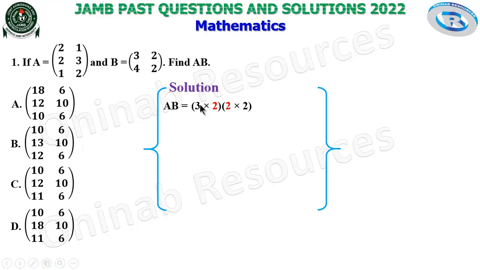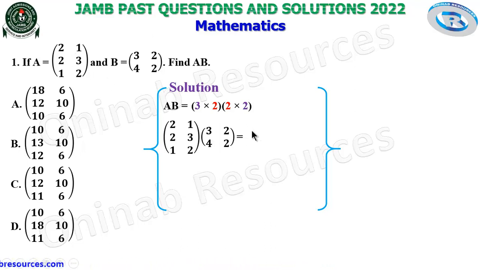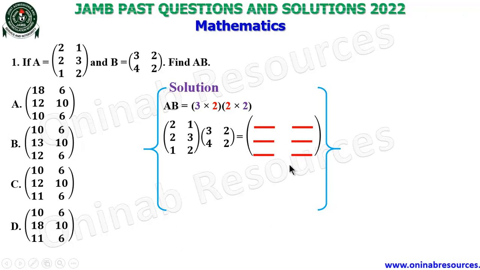So the resulting matrix is going to be 3 by 2, which is the same order as A. To carry out the multiplication, we bring in A multiplying B. We said it's going to be in the same order as A. So we have first element, second element in the first row, and first, second in the third row.